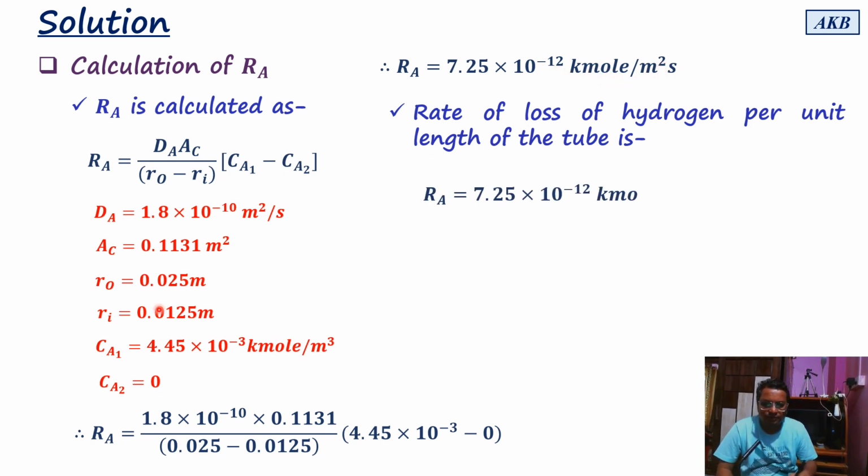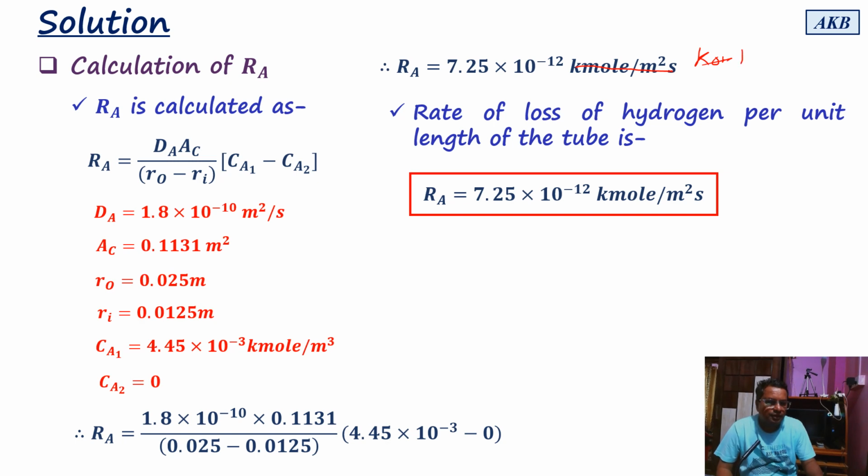Now there will be no area in the unit. We have considered area over here. So the unit for this rate will be simply kilomole per second and per meter length of the pipe.